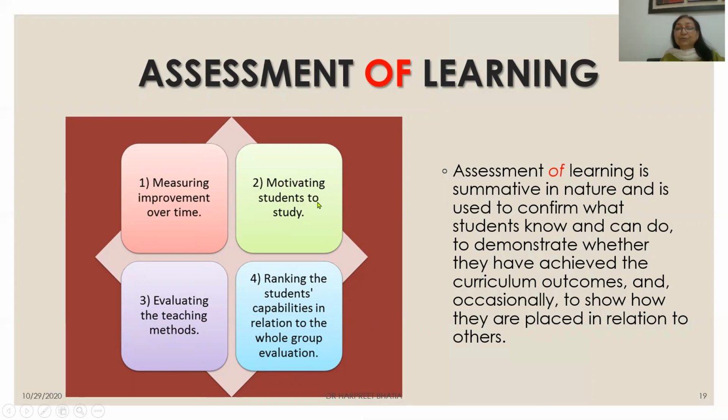We motivate the students to study more so that they can do better. We evaluate the teaching methods as well as the learning methods, and then we rank the students' capabilities as compared to the entire class. That is, who's standing first, second, third? When we say the topper of the class, we are ranking the student according to the capabilities of the student.